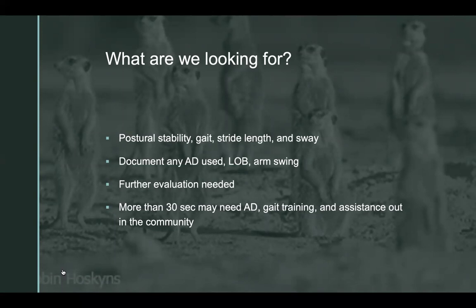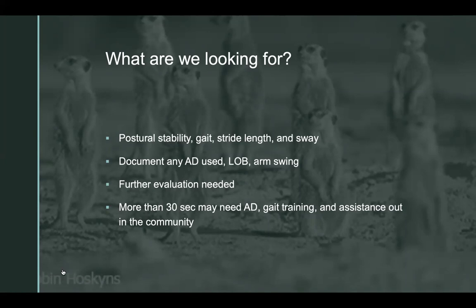So essentially, if the patient performs the TUG test in less than 10 seconds, they're considered normal. If they're doing it in a little bit less than 20 seconds, they're considered good, able to go out into the community on their own, essentially with no assistive device.